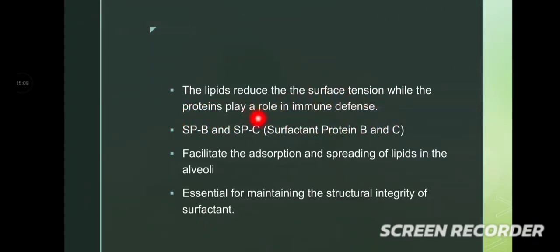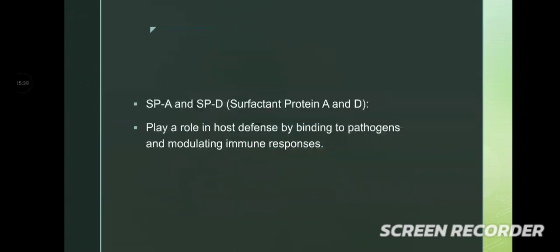Surfactant proteins B and C facilitate the absorption and spreading of lipids in the alveoli, so they play a role in the distribution of dipalmitoyl phosphatidylcholine and other lipids, and are essential for maintaining the structural integrity of surfactant.